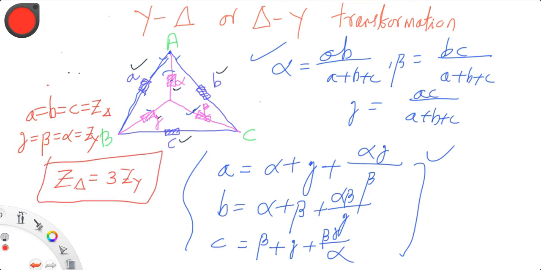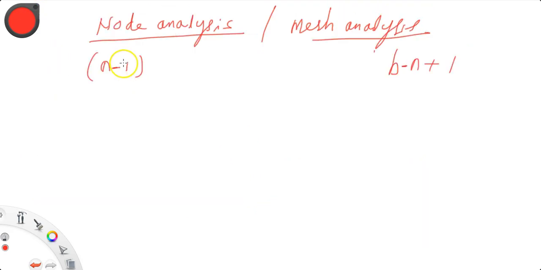Short questions on this will come in the exam. Clear? Next we'll discuss the node analysis method and the mesh analysis or loop analysis method. The number of independent equations is n minus 1 for node analysis, and for mesh analysis it is b minus n plus 1. That means these are the minimum numbers of equations.